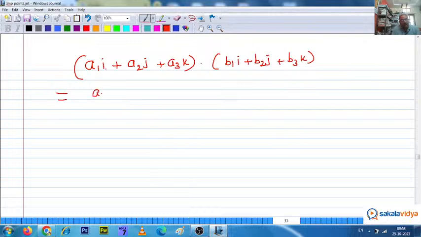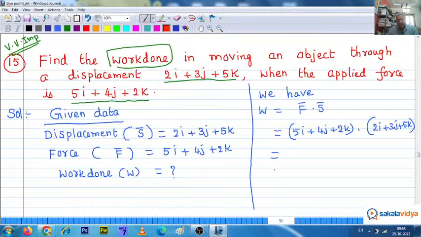So A1 B1, that means the sum of the products of the i, j, k coefficients: A2 B2 and A3 B3. I hope it is clear. So using this concept we can calculate here. 5 into 2 is 10, plus 4 into 3 is 12, plus 2 into 5 is 10. 10 plus 10 is 20, 20 plus 12 is 32.